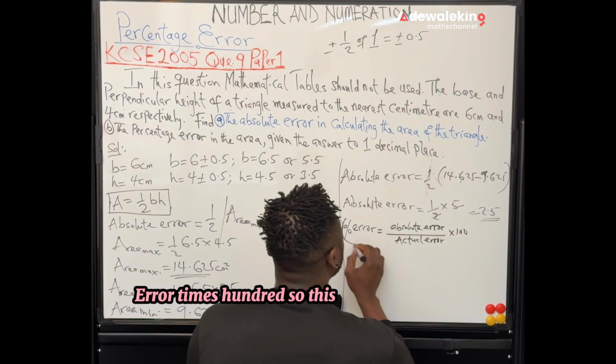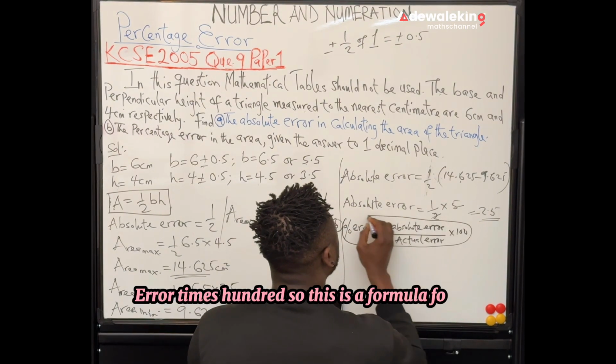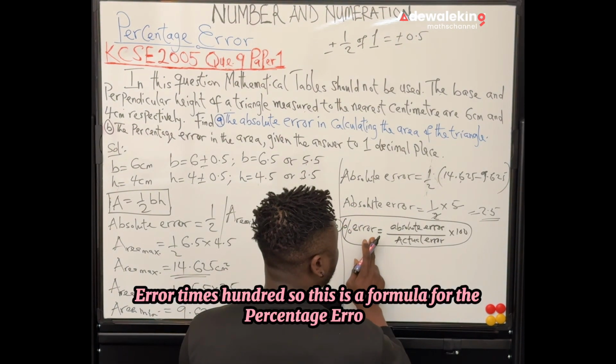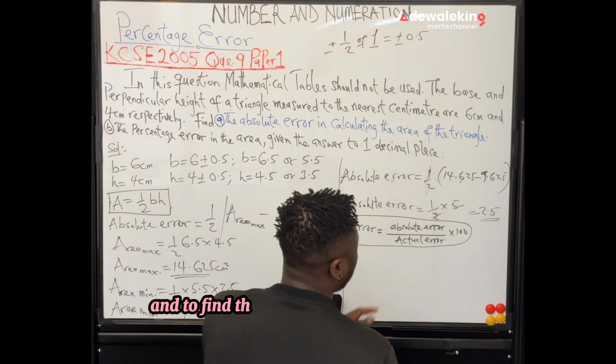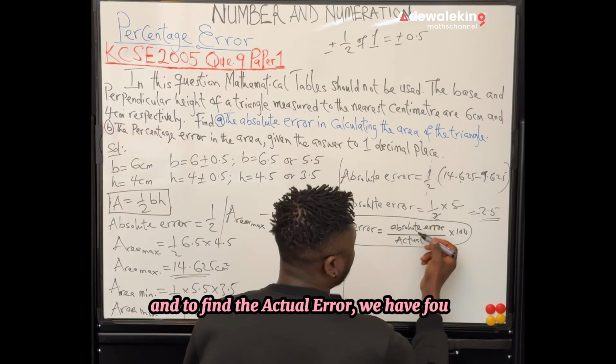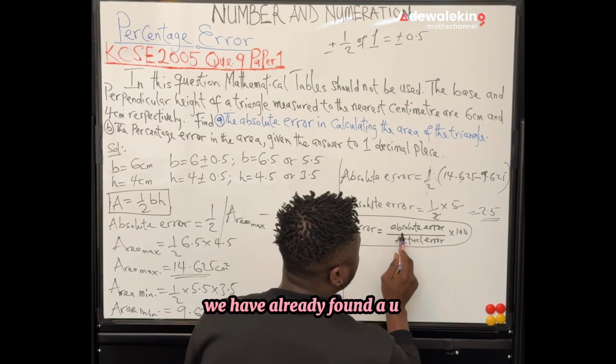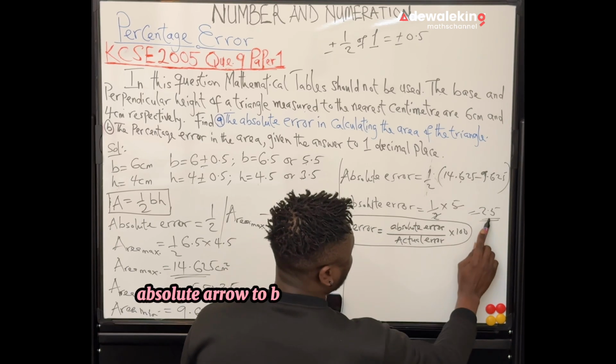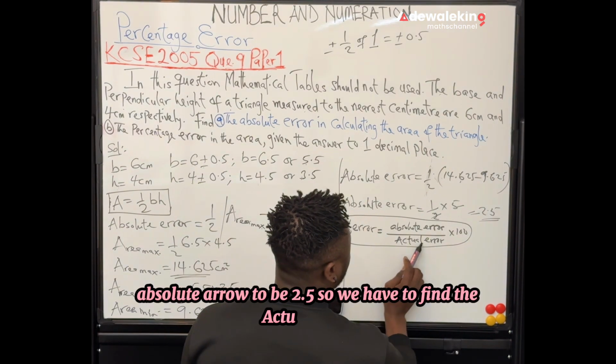So this is the formula for the percentage error. We have already found the absolute error to be 2.5. So we have to find the actual area.